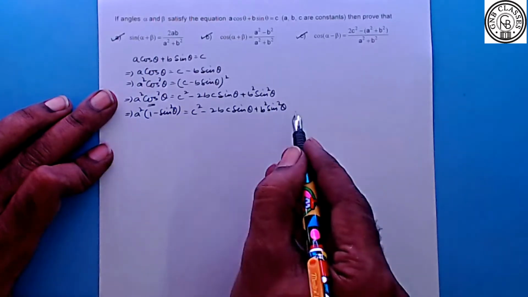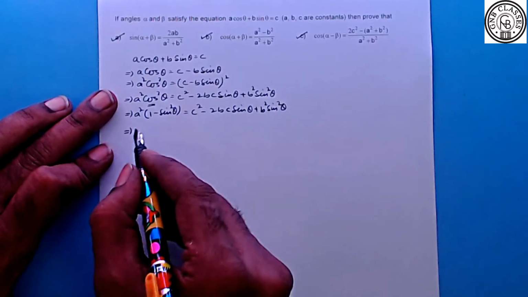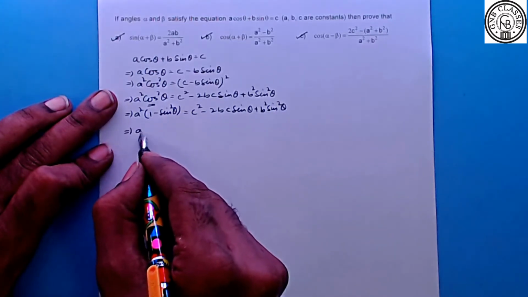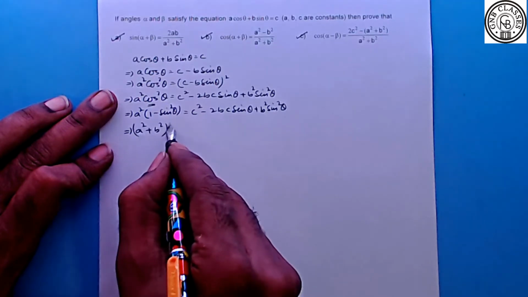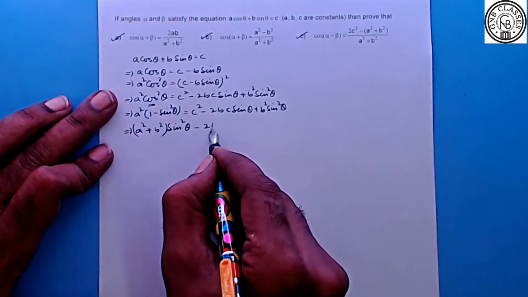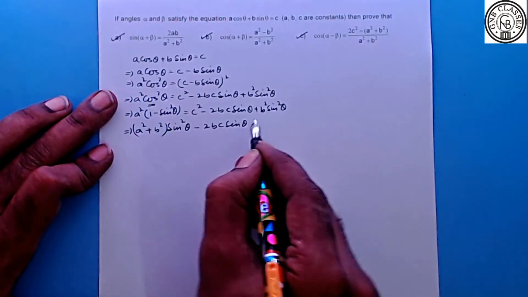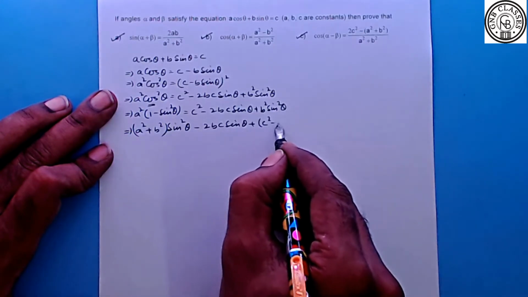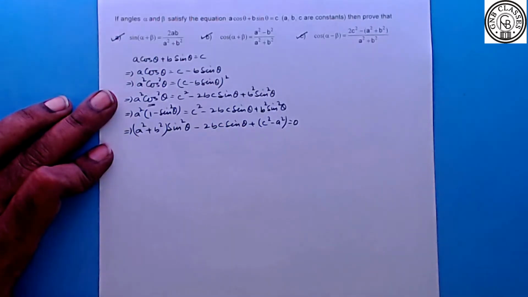Now let me take everything to the right hand side. So we are having basically (a square plus b square) sin square theta minus 2bc sin theta plus c square minus a square equals 0.